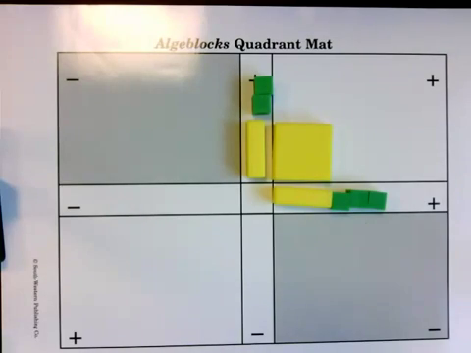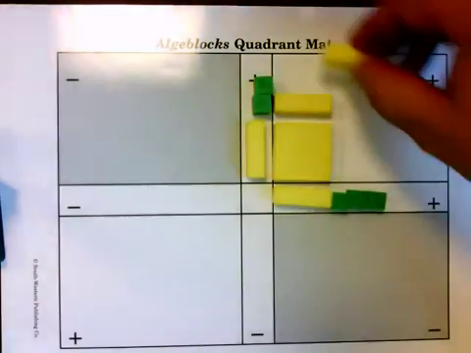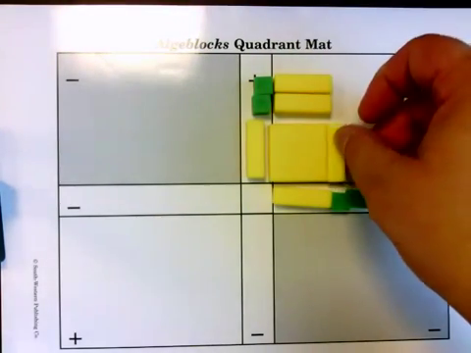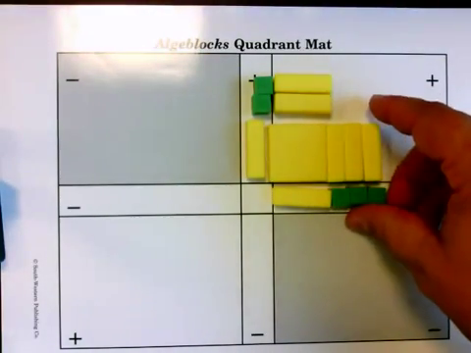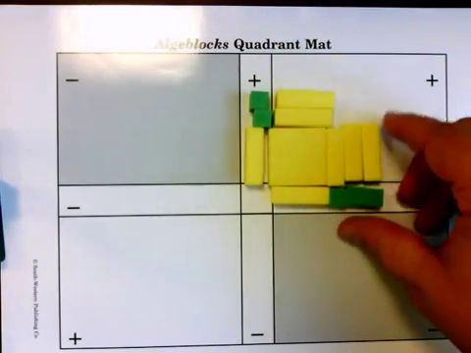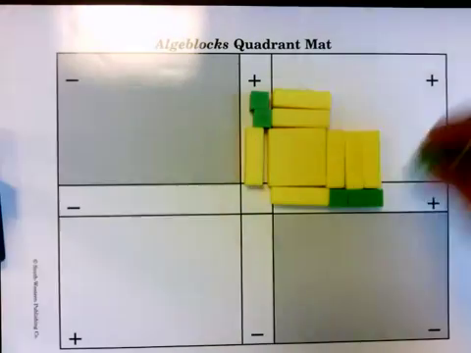So x times x, of course, is x squared. X times 1s are x's. And then 3 1s times 2 1s.